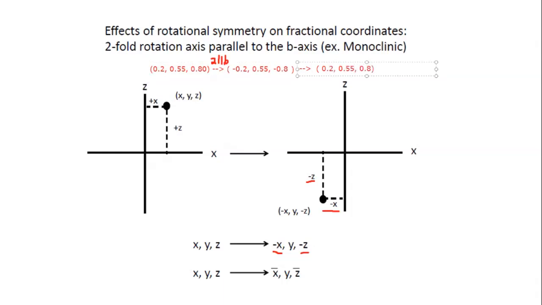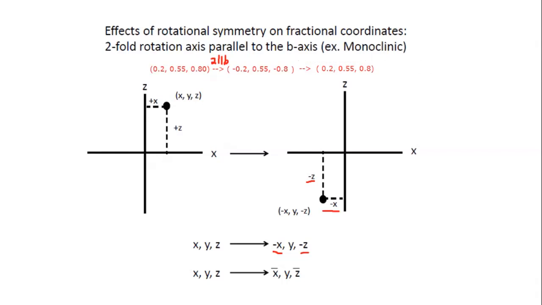And so the way you know you're doing a twofold rotation correctly, or any type of rotational operation correctly, is when you keep on doing the rotation, eventually you come back to where you started. So if you were to do a rotational operation and you keep on doing it, you never come back to where you started, that's a good indication that you probably made a mistake in one of your symmetry equivalent positions.